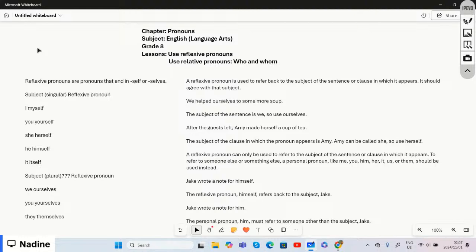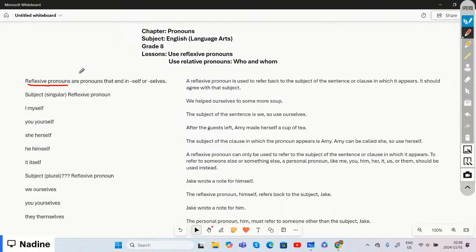Reflexive pronouns are pronouns that end in self or selves. They are pronouns that either end in self, referring to one person or thing, or selves, referring to more than one person or thing.